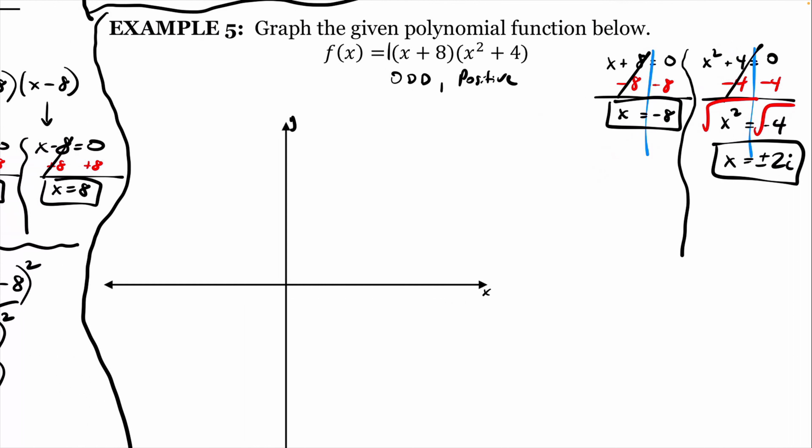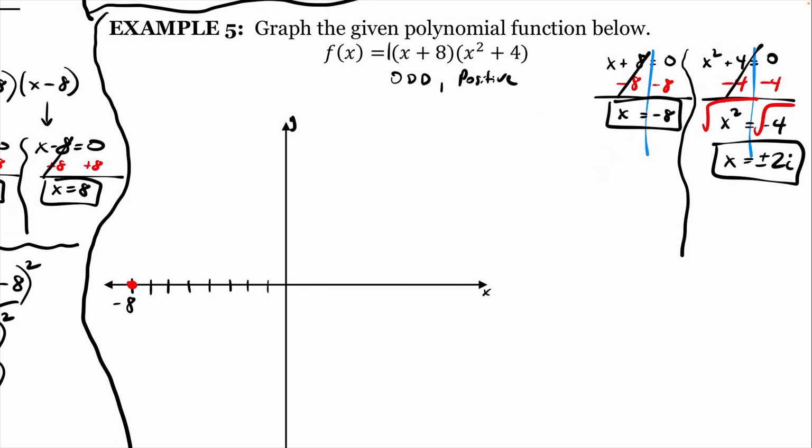Okay, so let's go make the dots. -8. 1, 2, 3, 4, 5, 6, 7, 8. Make a dot. I should label these dots. Where do I make dots for this guy?